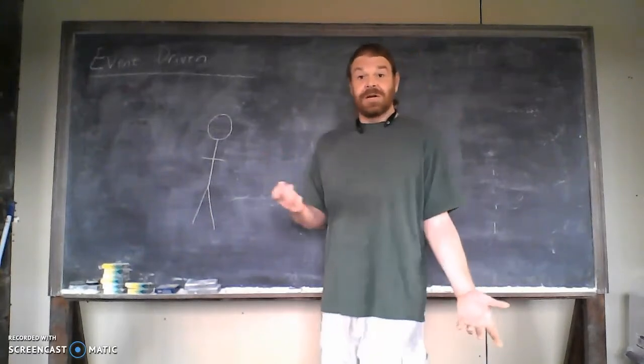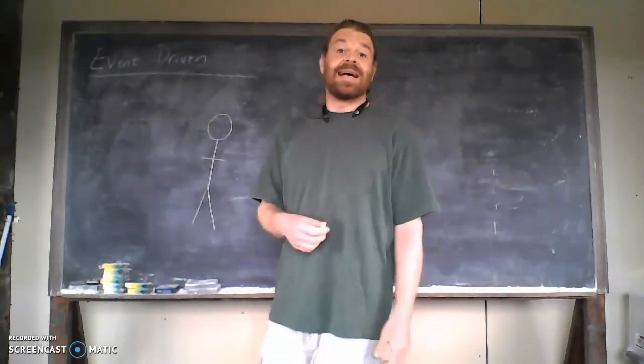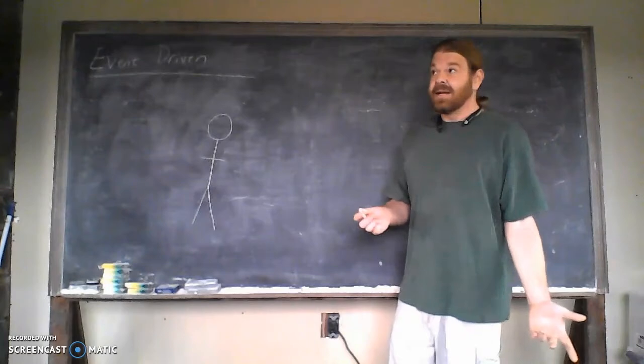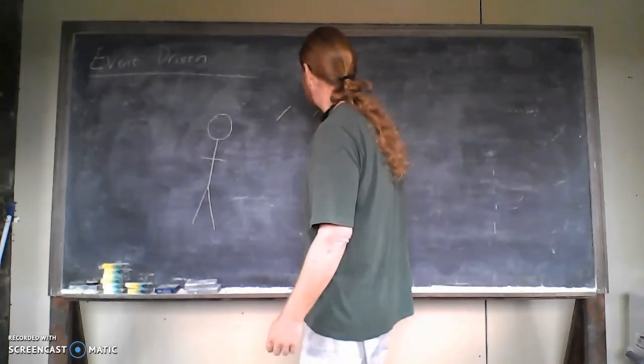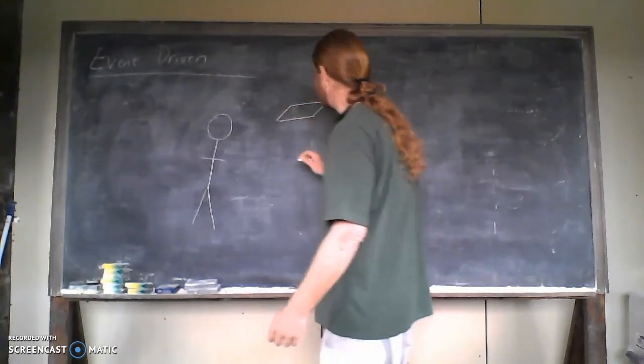In our example, we're just going to do a hello world to go over some of the syntax. And we're going to have 4 different events that we're going to listen for.